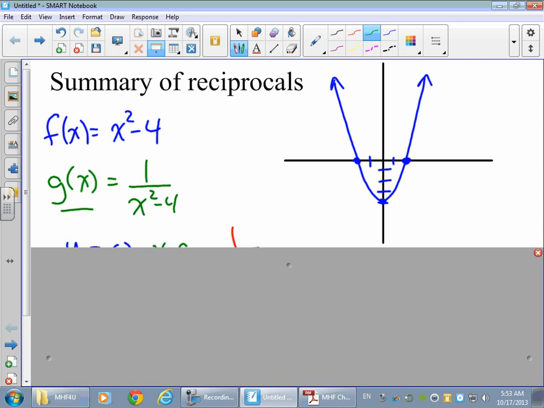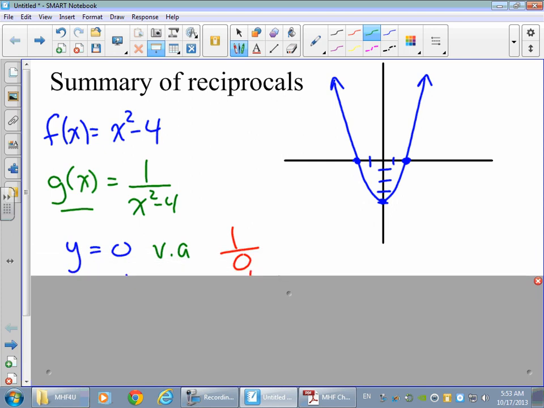So in going through that, if we think about some of the key points, the zeros, first of all, when y is equal to 0, so these two spots here and here, what happens is, if we actually divide 1 by those zeros, we get an undefined value. Error.